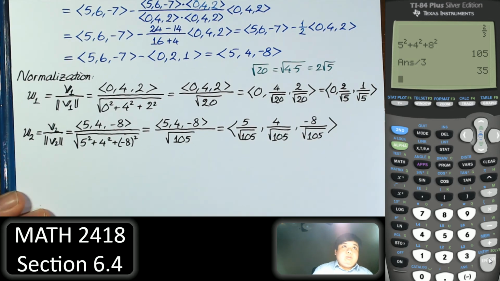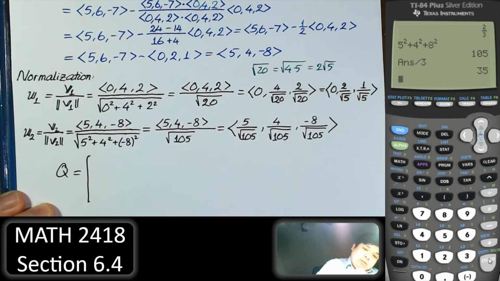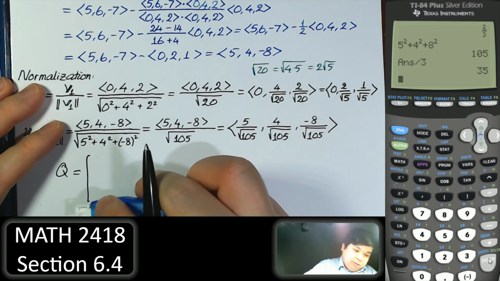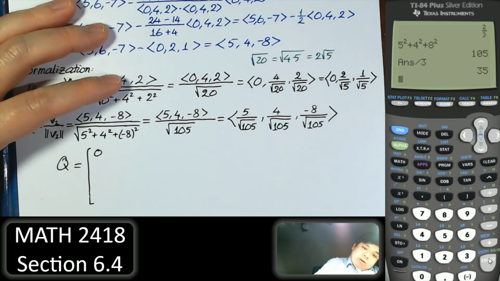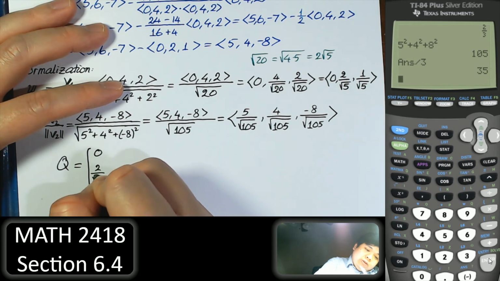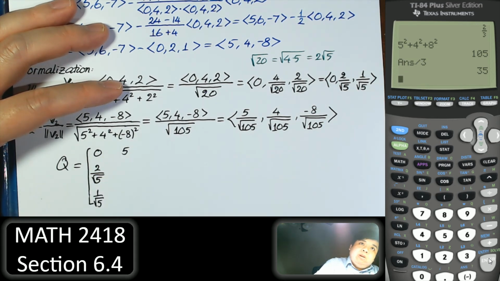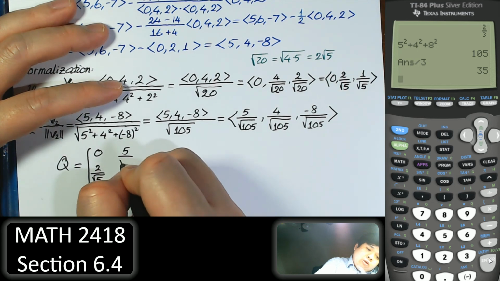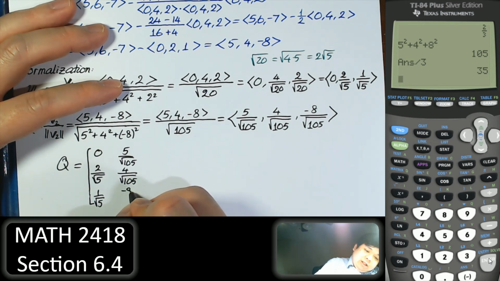Of course, when we put them together, we have the matrix Q in columns: 0, 2 over square root of 5, 1 over square root of 5, and 5 over square root of 105, 4 over square root of 105, and negative 8 over square root of 105.